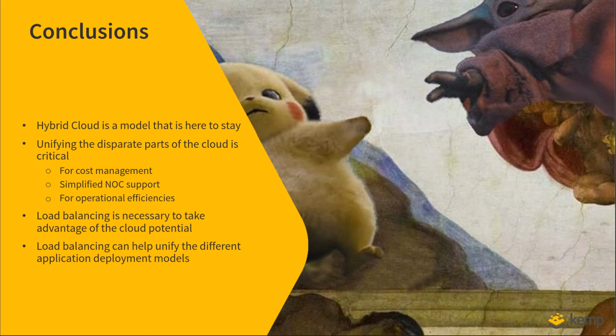Load balancing can unify these different application deployment models. So the application, whether it's sitting in AWS or in a private data center running on VMware hypervisor, from a user perspective, from a network operations management perspective, it can look and feel the same.